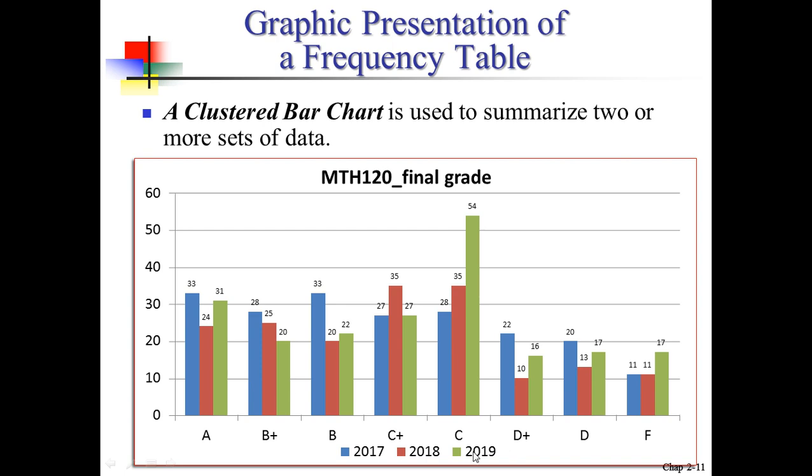That's why if you have more years to study, each group tends to have more bars. So the cluster bar chart has a disadvantage, because if you have many years, one group tends to be a longer distance because we have many bars in one group.